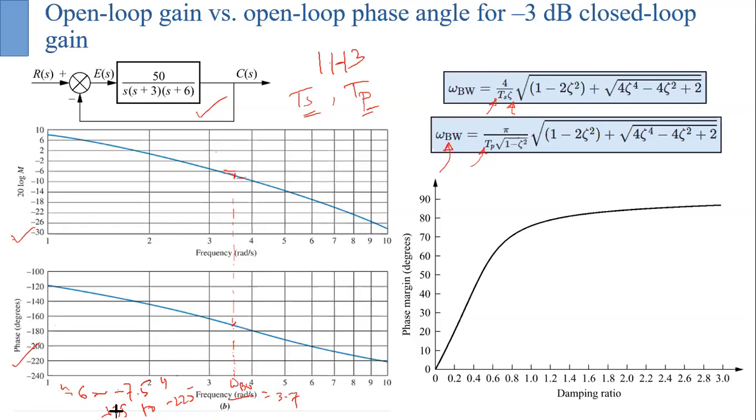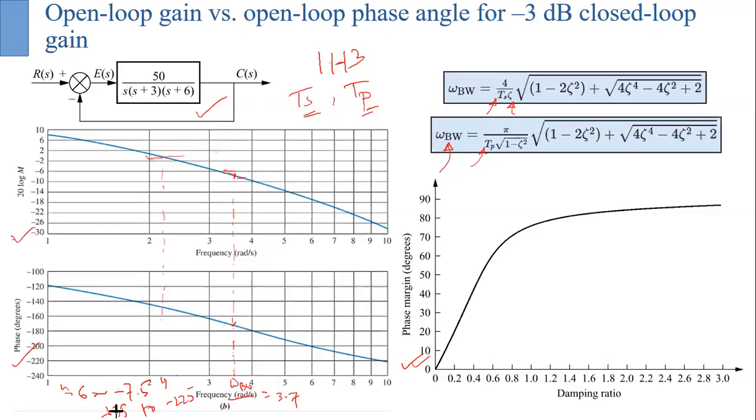Now what about the zeta value? Zeta is related to the phase margin. For that, the phase margin is available at the 0 dB crossing line, somewhere here.